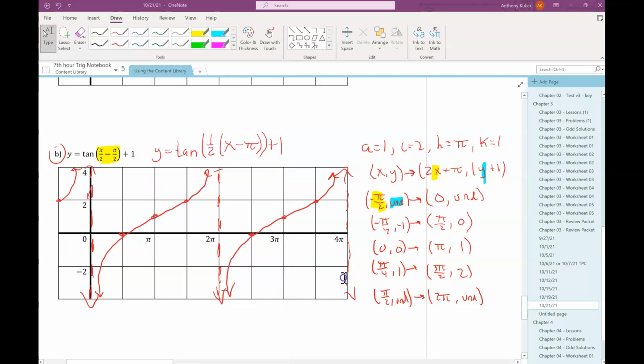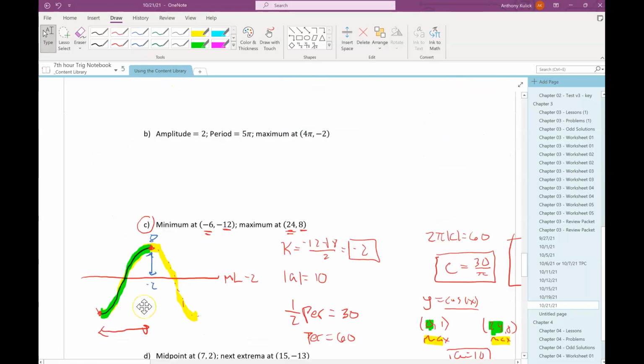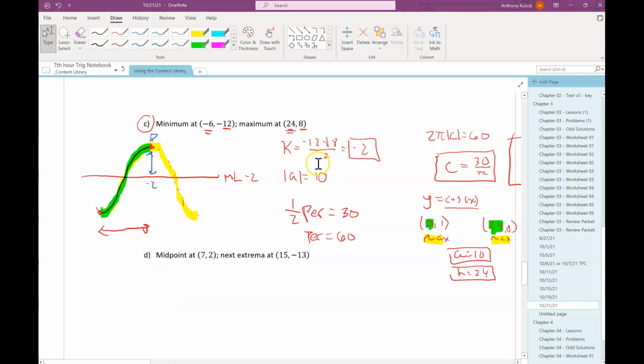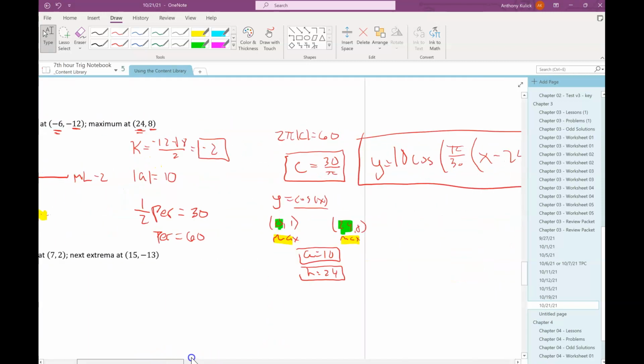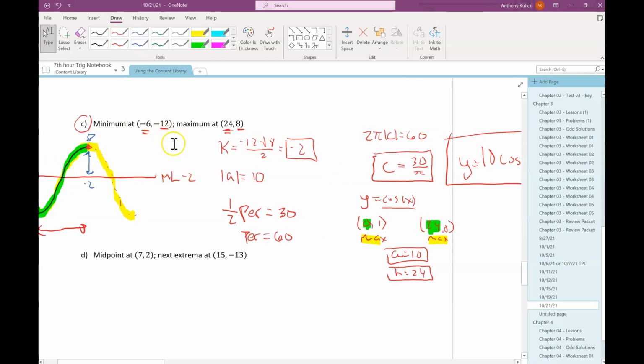You can do the same thing for this kind of a problem. So I can plug my points into my answer and make sure that when I plug that x in, I'm getting that y coordinate to come back out.